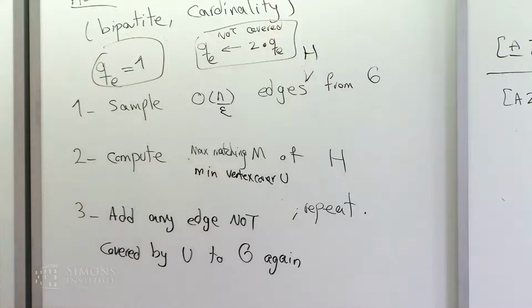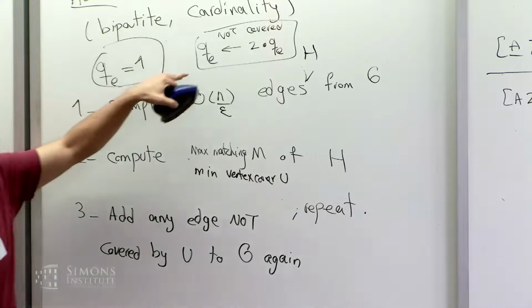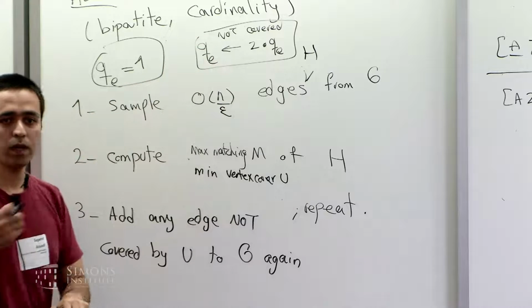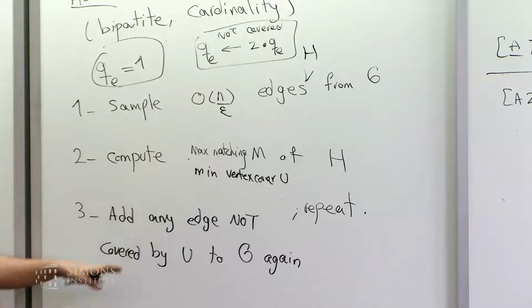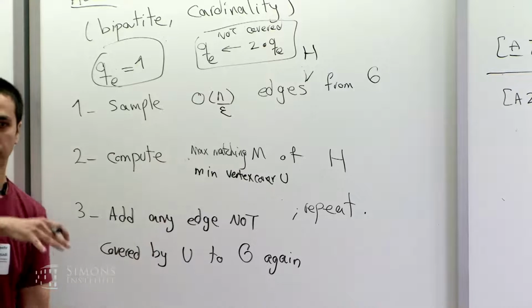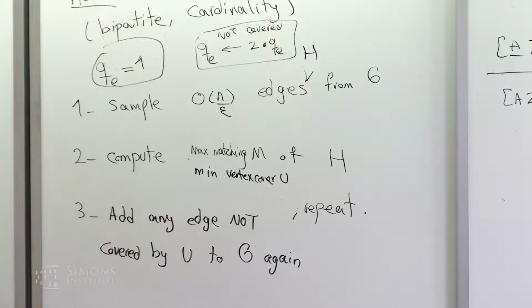This weight has nothing to do with the weights of the original graph. If you want, call them importances. Originally, every edge has the same importance. Edges that are not covered, you double their importance. By the way, this means that you don't add them once. Whatever you had, you just copy the whole thing again back there.